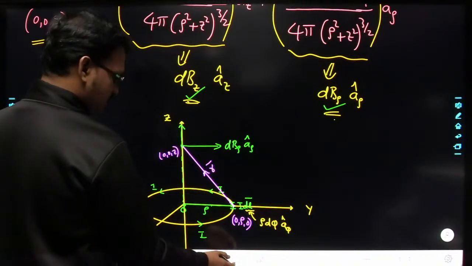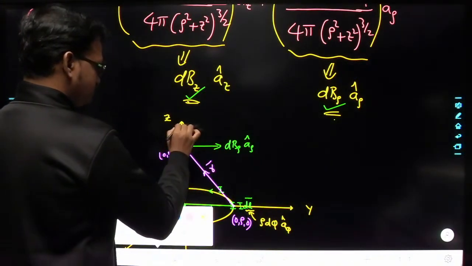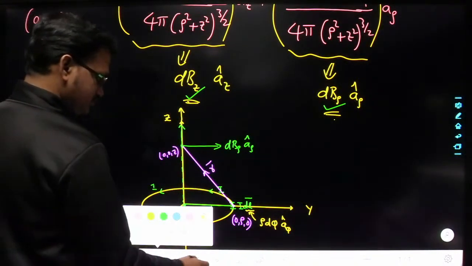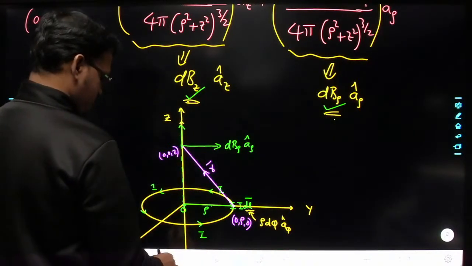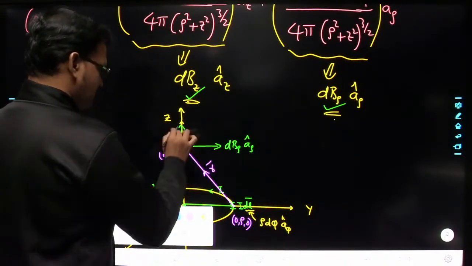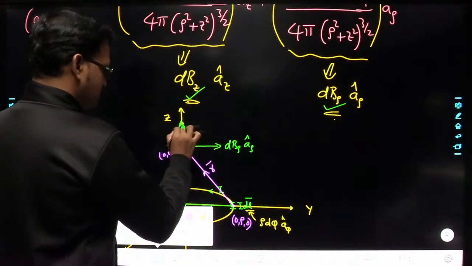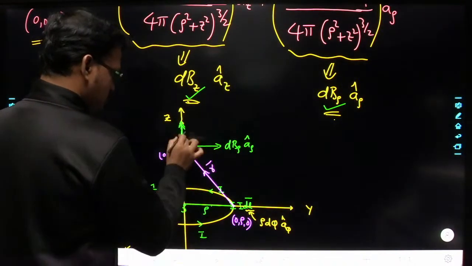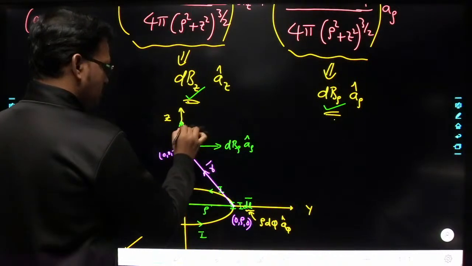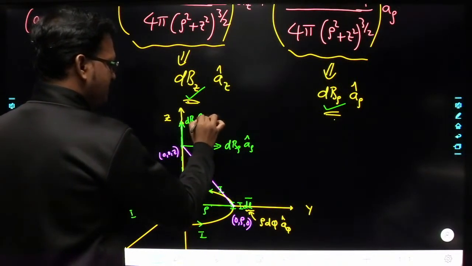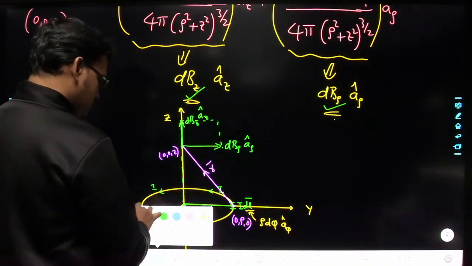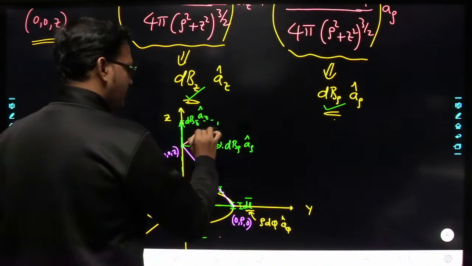So the resultant B field at this point, the small differential B field, is pointing in this direction.